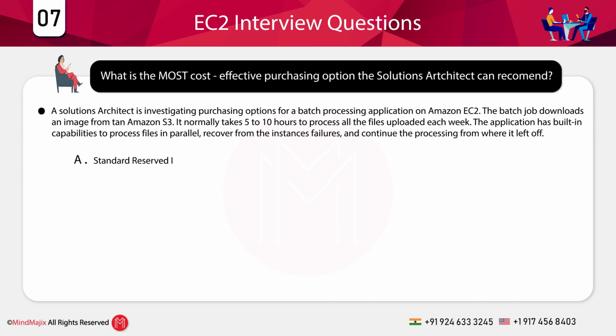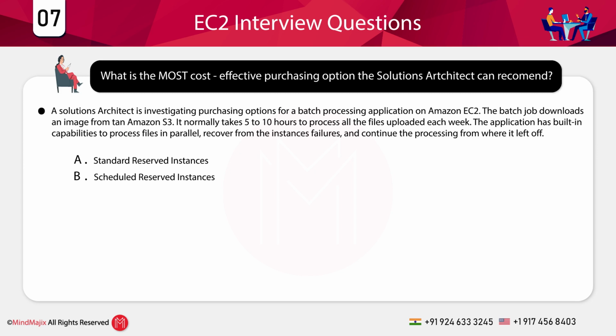Standard reserved instances. Now, with reserved instances you obviously have to sign a contract for 1 year or 3 years. We are searching for cost effectiveness. It can be the answer, but let's see other options. Scheduled reserved instances. We need it every week, so yes, I can do that as well.